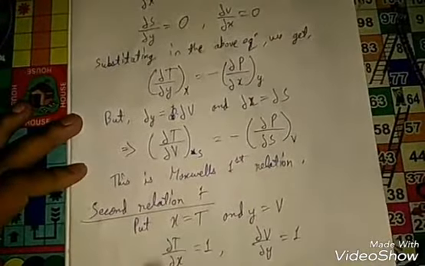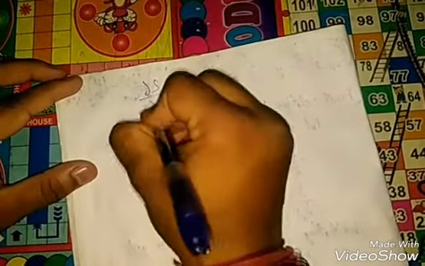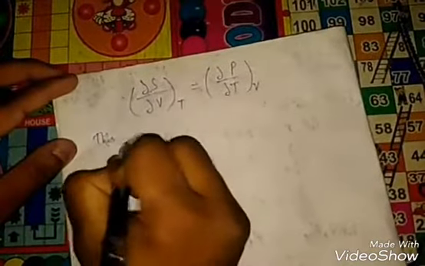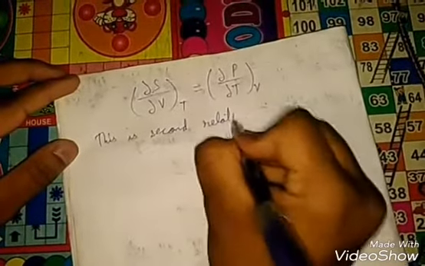Now again putting these values in this equation, we will find del s by del v, keeping t constant, is equal to del p by del t, keeping v constant. This is the second relation.